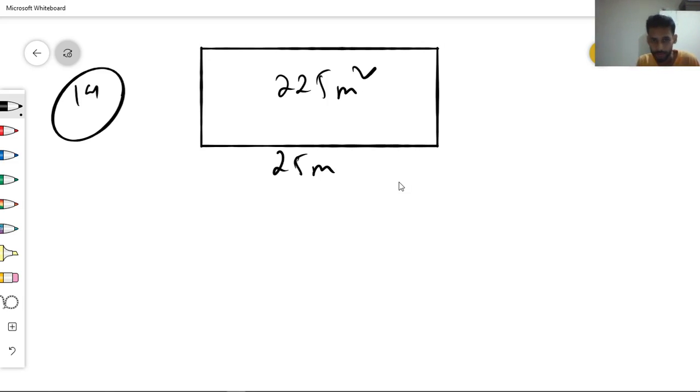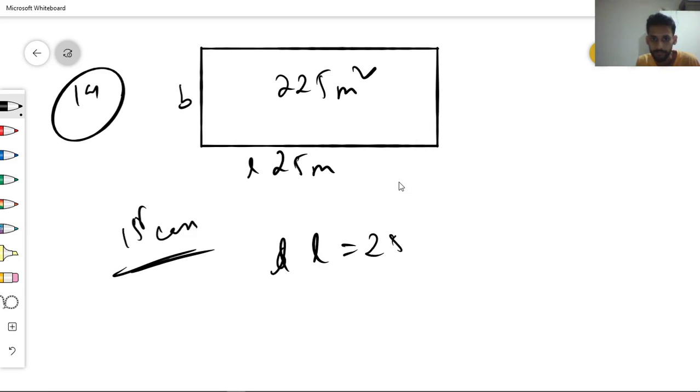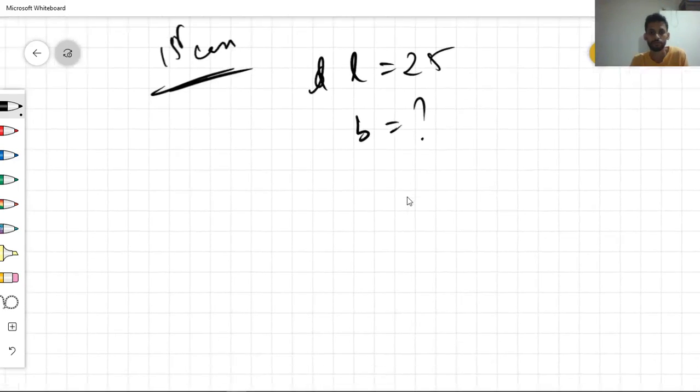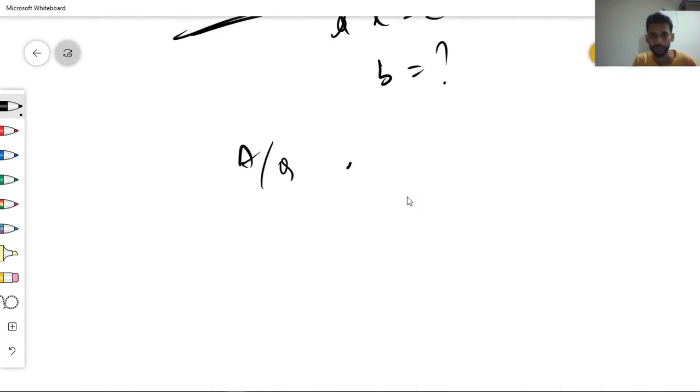So first of all, before going anywhere else, we need to find this breadth. L we know, we need to find B. So first case, this is the area. According to length given is 25, breadth we don't know. So according to the question, L into B is equal to area.